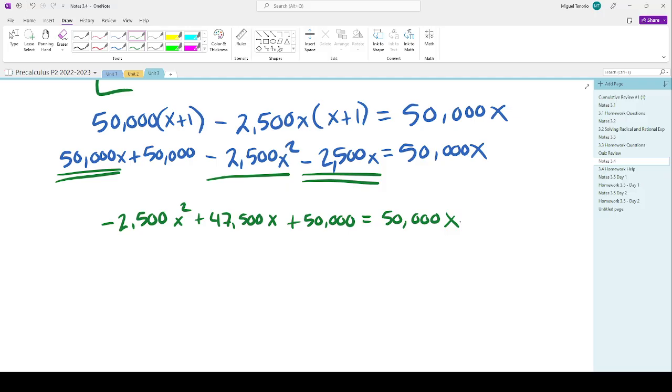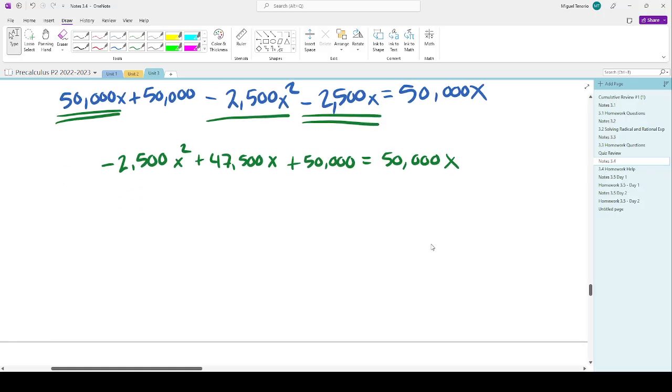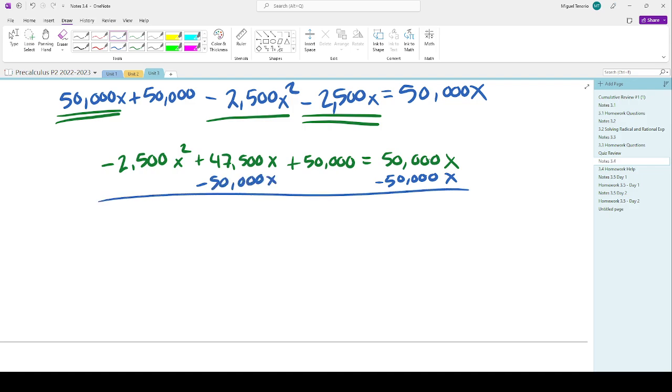Even though my leading term is negative and I've told y'all to move it to the other side, I'm going to actually move the 50,000x over. And so our expression is going to come out to negative 2,500x squared minus 2,500x plus 50,000 equals 0.